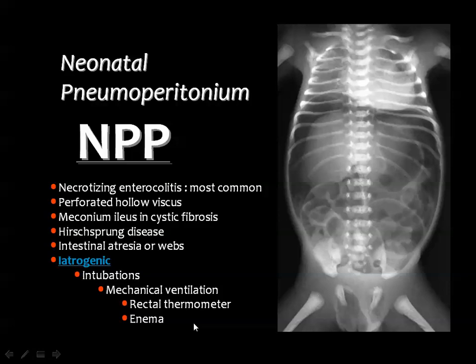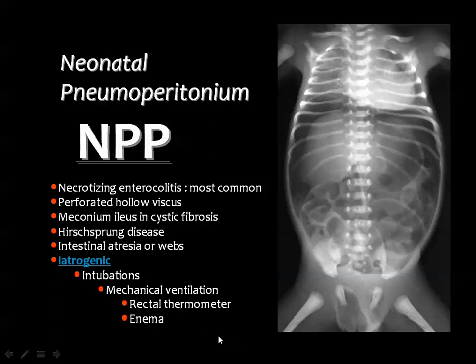Pneumoperitoneum means that you have a lot of air within the peritoneal cavity, and the causes may include, number one, necrotizing enterocolitis, which is considered the most common cause; perforated viscus, meconium ileus and cystic fibrosis, Hirschsprung disease, intestinal atresia, or webs.